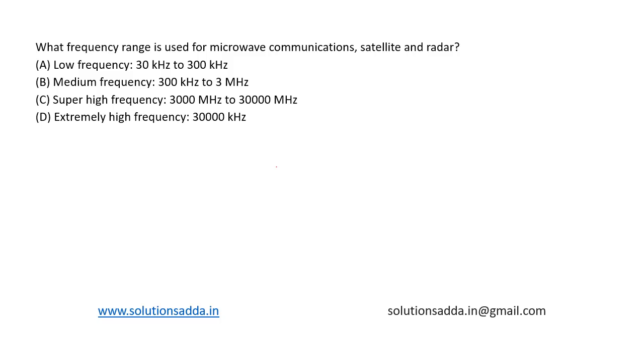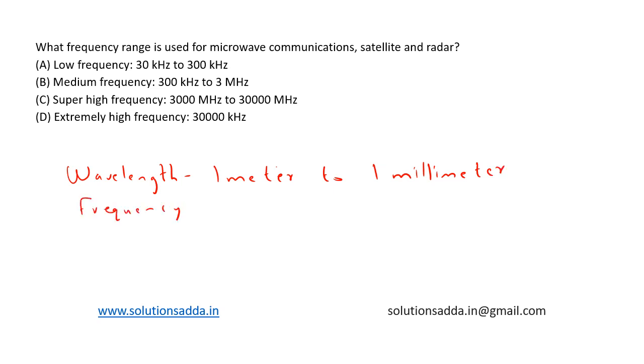This is a question from satellite communication. What frequency range is used for microwave communications, satellite and radar? Microwave is a form of electromagnetic radiation with wavelength ranging from 1 meter to 1 millimeter, and the corresponding frequency is ranging from 300 megahertz to 300 gigahertz.